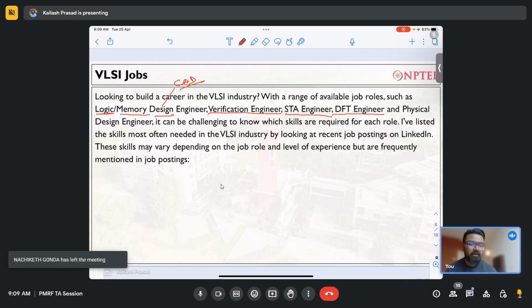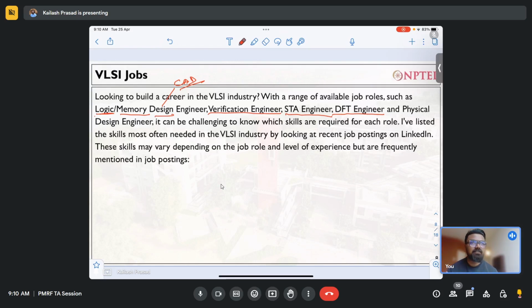Regarding what I was discussing about the jobs and what kind of packages you have, if you want to join abroad, I am currently in Europe, and I've seen that people are paid 70 to 80,000 euros yearly.